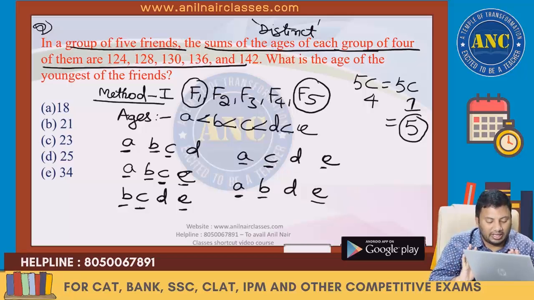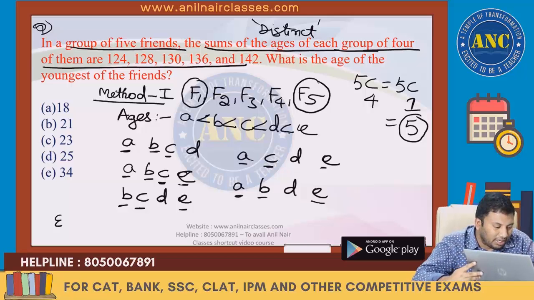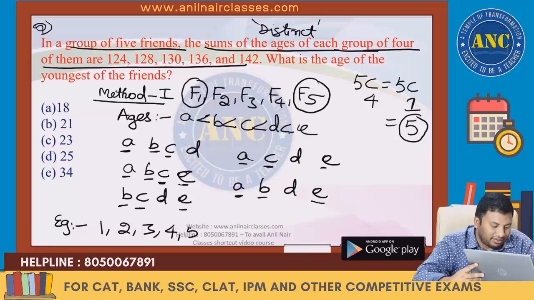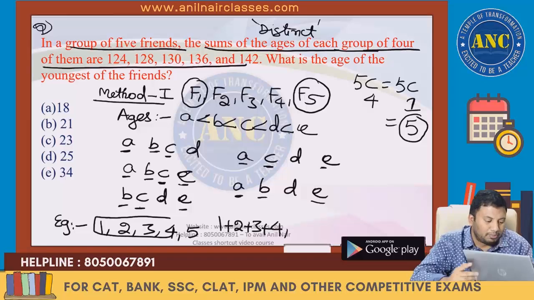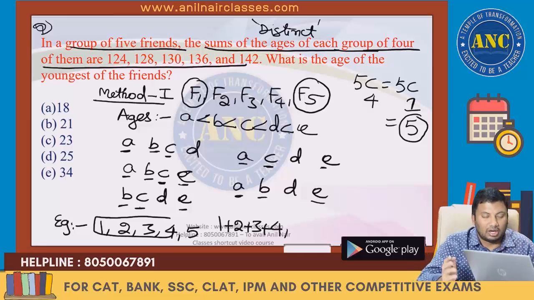I hope till here it is clear, right? One important example, then we will determine. If the ages are 1, 2, 3, 4, 5, what is the lowest sum? The lowest is 1 plus 2 plus 3 plus 4, the lowest ages of 4, which is 10.